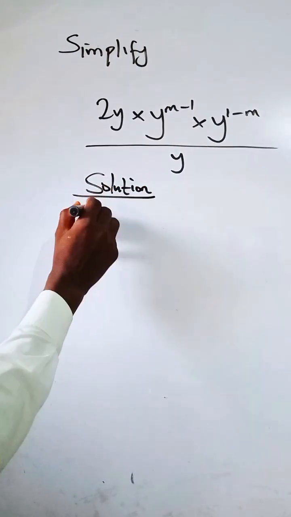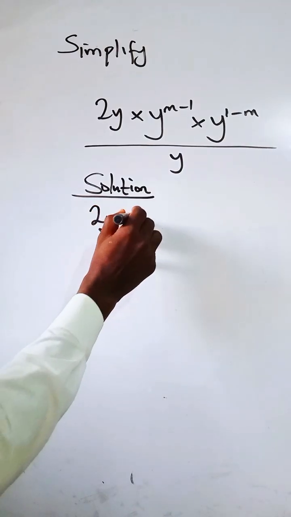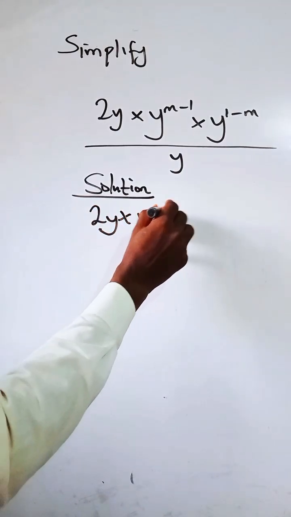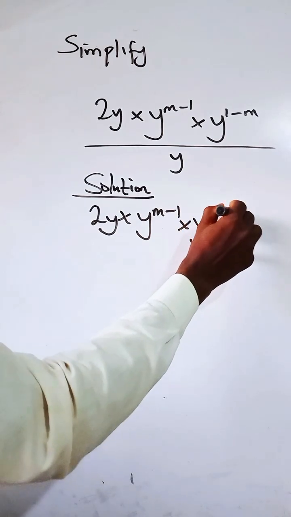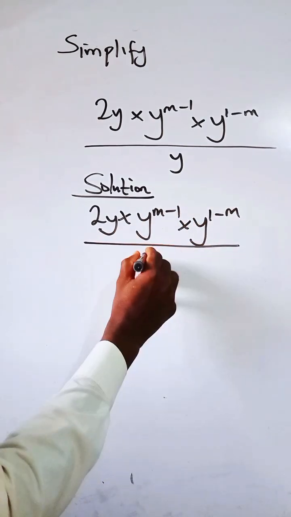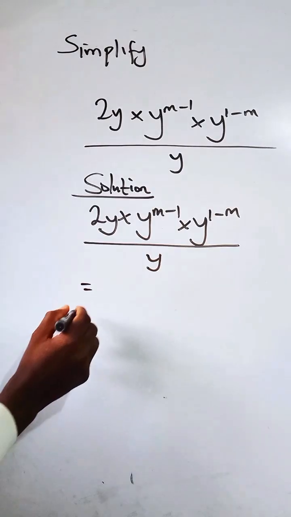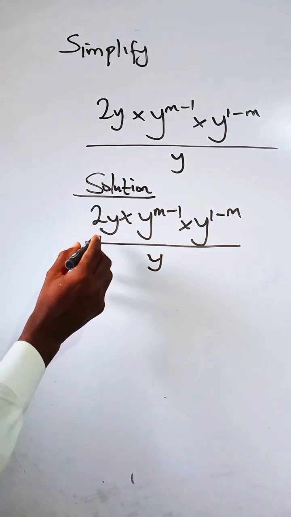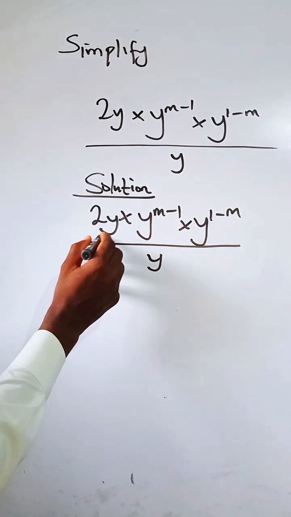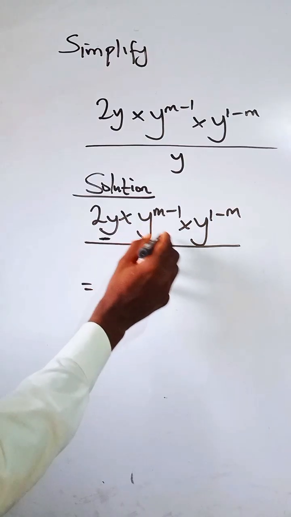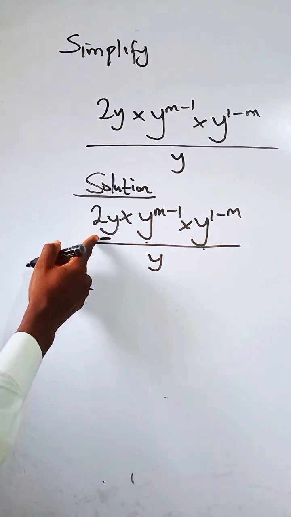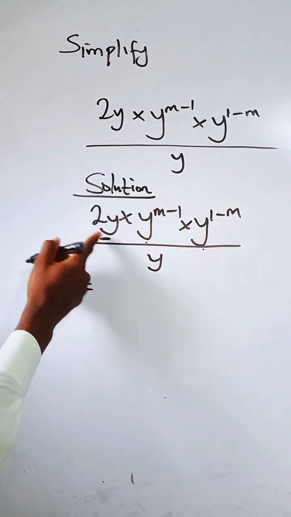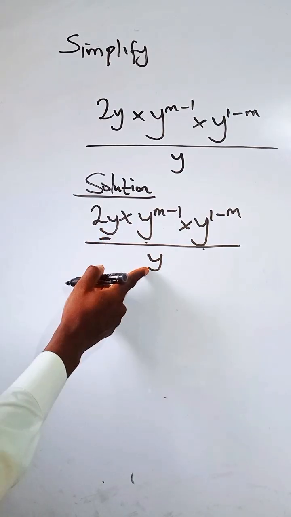So for 2y times y raised to the power n minus 1, times y raised to the power 1 minus n over y, when we look at this, we have 2y, y raised to the power n minus 1, and y raised to the power 1 minus n. So we can work this out by simplifying 2y by y.